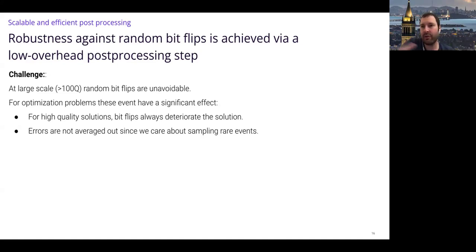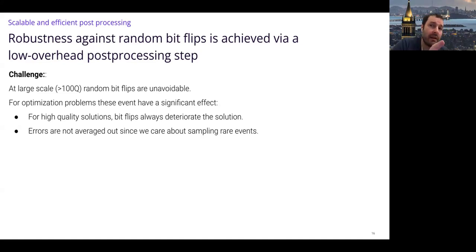You sample a bit string with 120 or 130 values, and it may be that 2 or 3 of these bits will just be flipped in a very uncorrelated way. In many executions of quantum algorithms, that's not that crucial because we sample many, many shots, many, many samples, and we average over that. So the hope is that if we have some small number of uncorrelated bit flips, it won't affect the results dramatically.